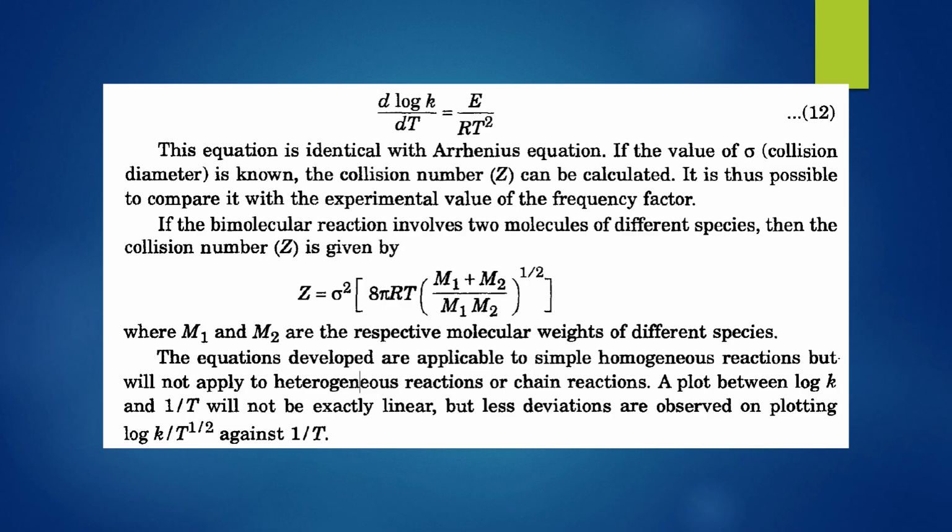Now the collision theory equation reduces to d log k by dT is equal to E by RT squared. This equation is now identical with the Arrhenius equation, which after differentiation with respect to temperature, k equal to A into e power minus EA by RT, will change into the same form.